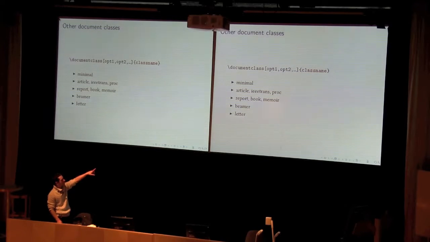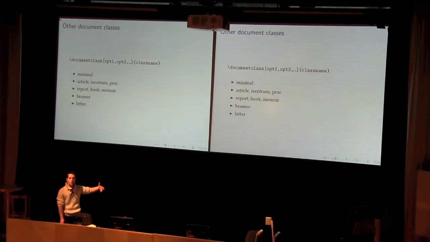IEEE trans is meant for IEEE publications, if you know this institution. And then, for bigger things, you have report, book, and memoir. These class names are meant for more than 10, maybe 20 pages. You will see the differences also in exercises. Beamer is meant for slides, and letter is meant for producing letters.